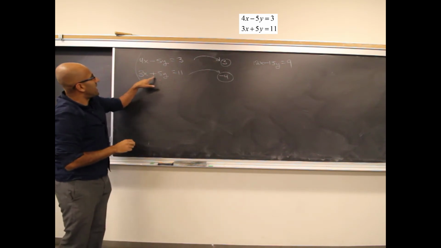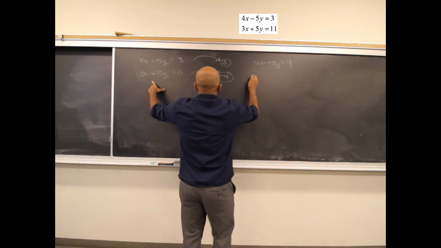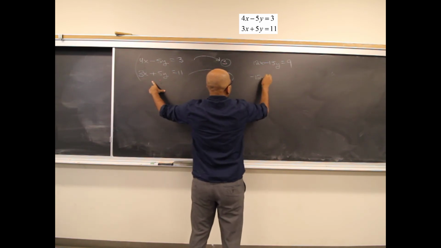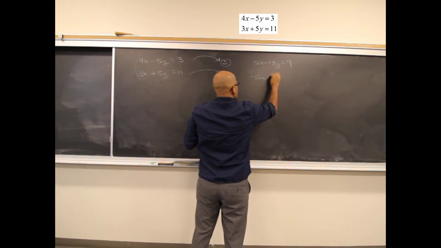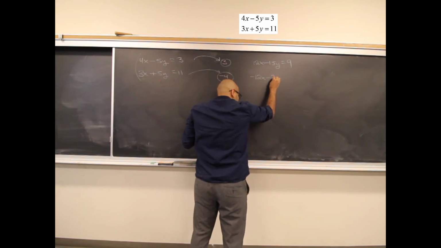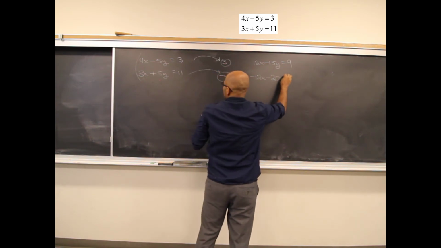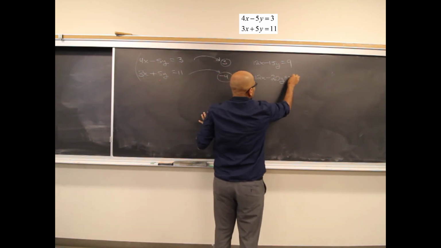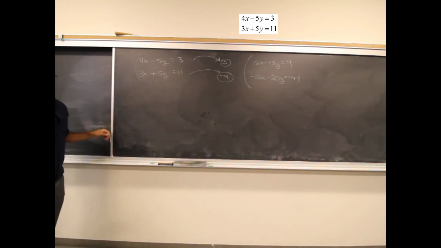Because if I multiply everything in the bottom equation by negative 4, I'll end up with the first term being negative 12x minus 20y equals negative 44. So I have a new system of equations.